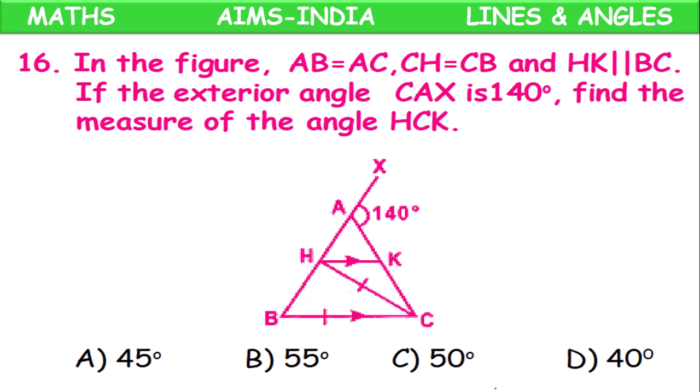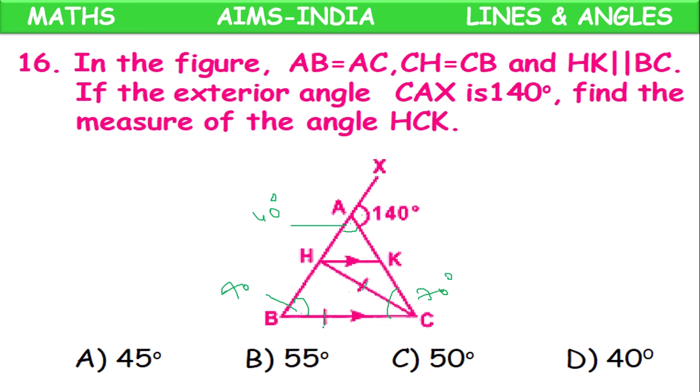So here there is no 30 degrees. Let's see once again. If this is 140, this part will be 40. This total part is equal to 70, so that 70 plus 40 is 180.